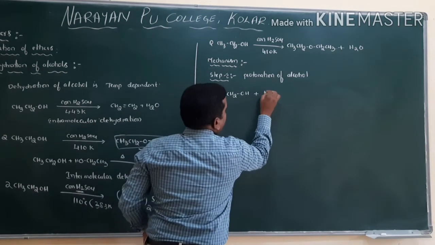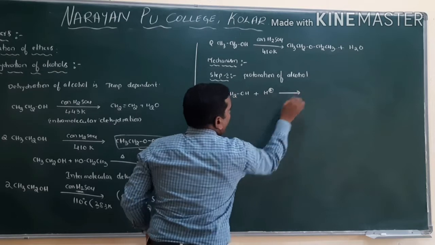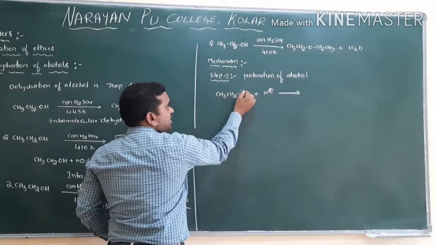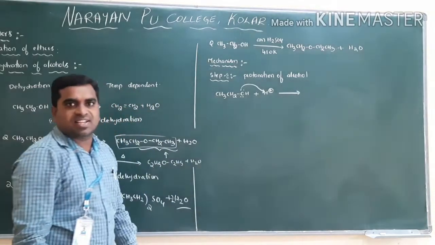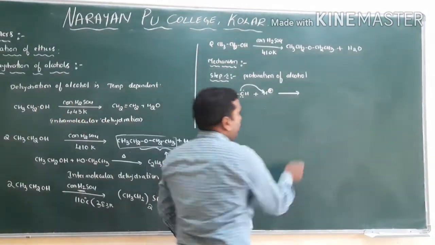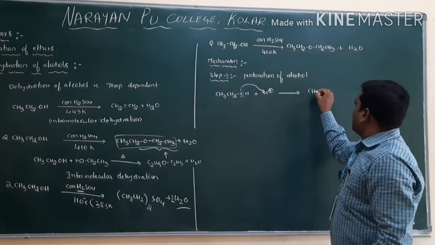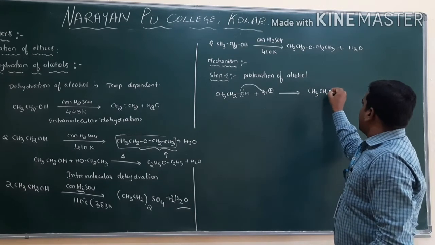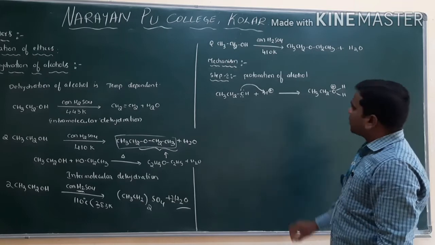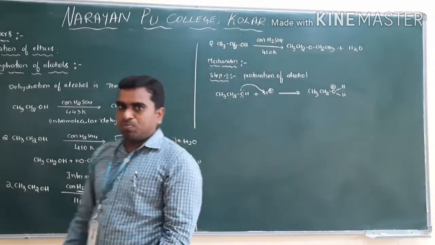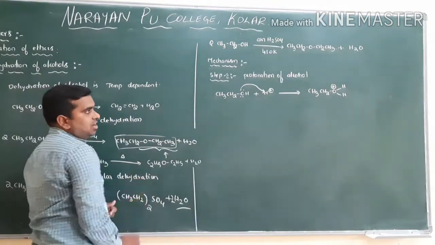OH plus H+. You know, oxygen is electron rich and H+ is electron deficient. It donates electrons to the electron deficient H+ and makes a bond. And then what compound will you get? CH3CH2OH2+, and oxygen is losing electron, so that's why it has positive charge. And this is the first step.